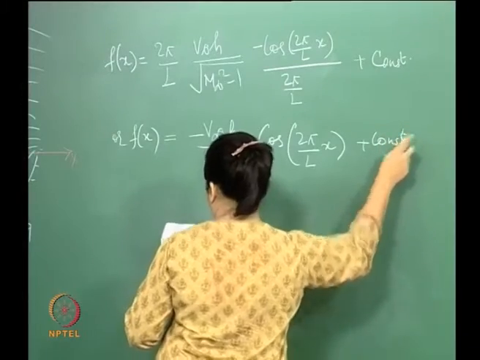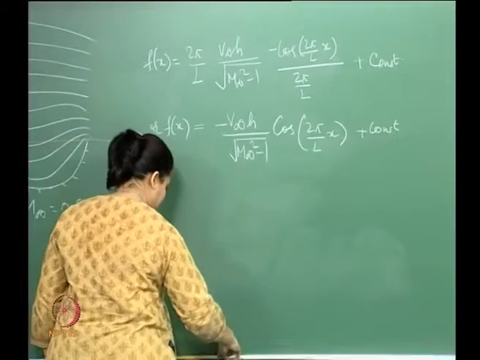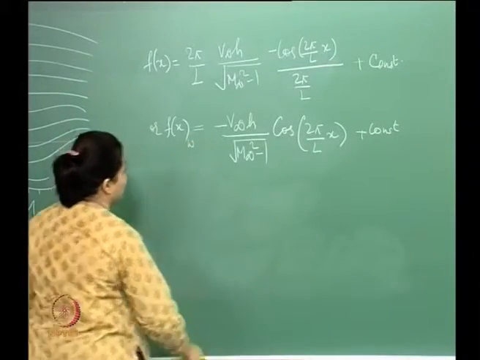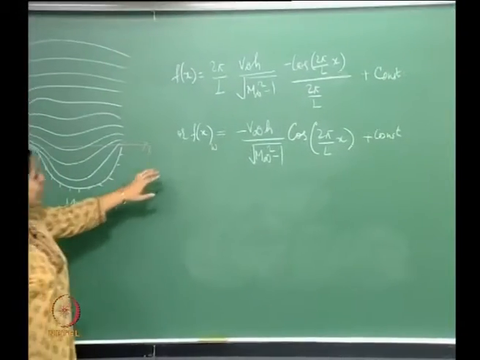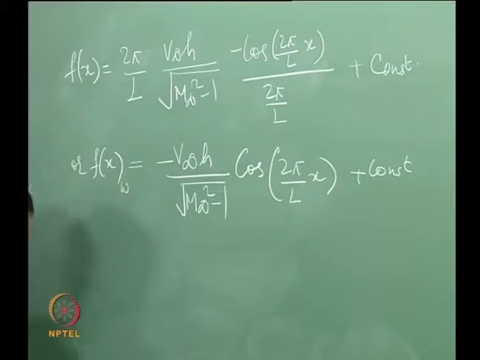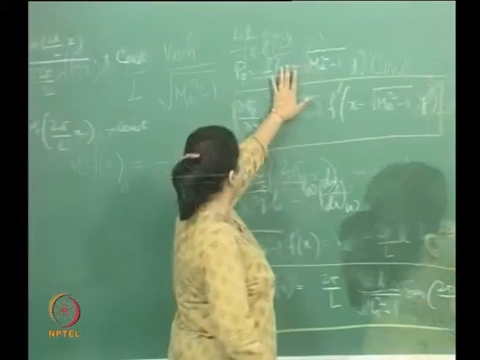Now this f of x is essentially at the wall, isn't it? We derived all of this at the wall. So f of x at the wall looks like this. Now we know that instead of any arbitrary position in the flow field, the argument here was x minus this.